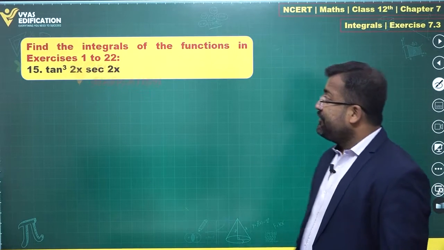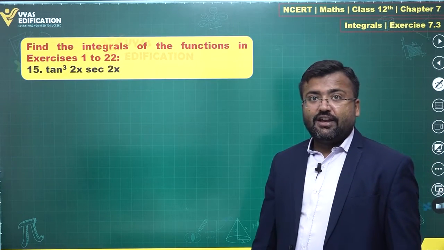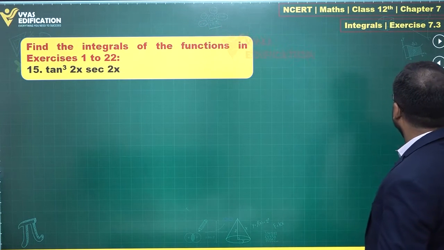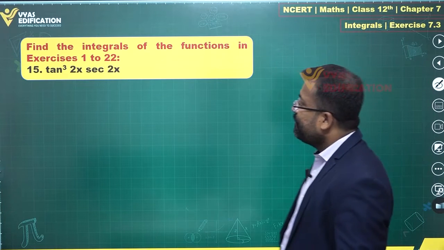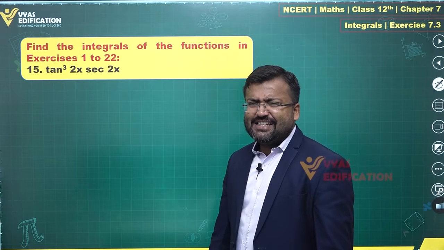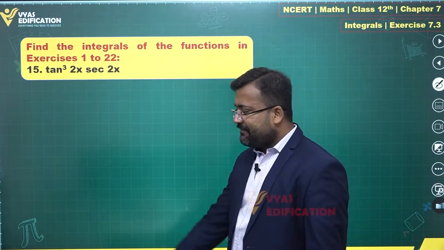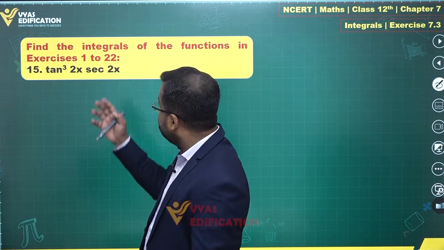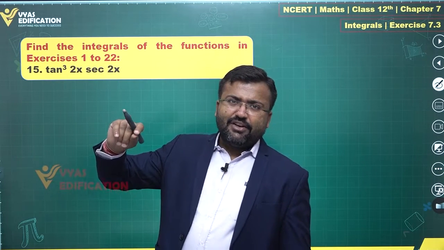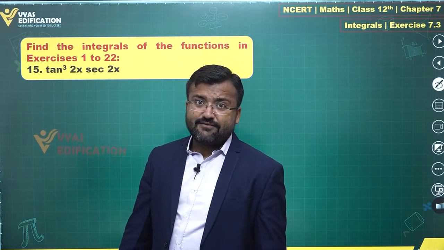The 15th question says you have to integrate tan cube 2x into sec 2x. How will we do that? I see some kind of a derivative here as well. Do you observe sec 2x into, had there been only one tan 2x, that could have been the derivative of sec. Yes.